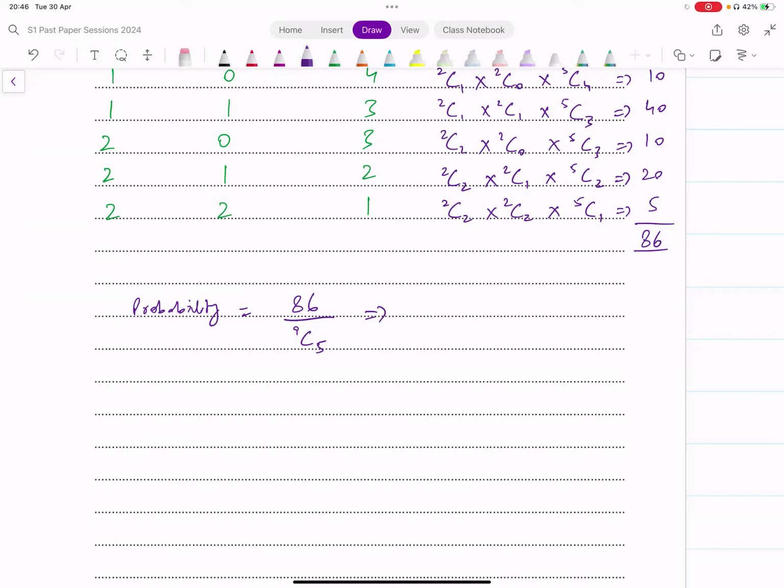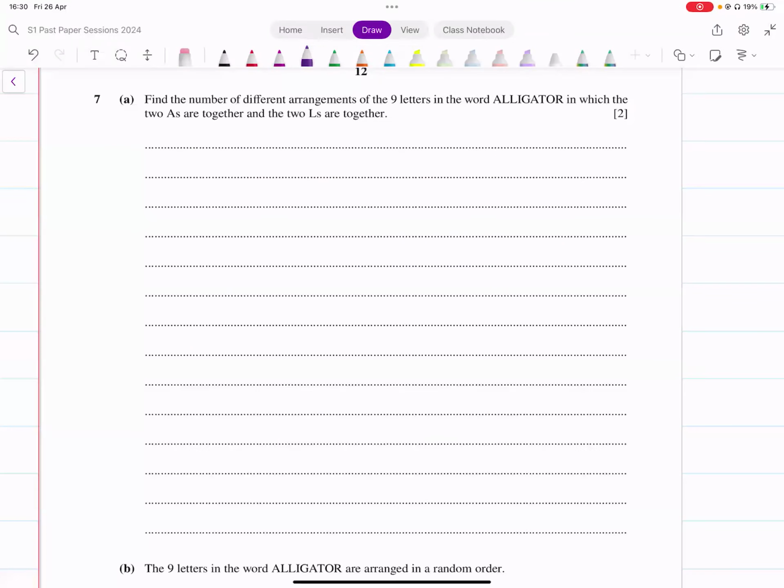That gives me 43 over 63. That's the result that we get. Now we could write this in decimals as well if you wanted. That's 0.6825. That's the probability that we get from this.